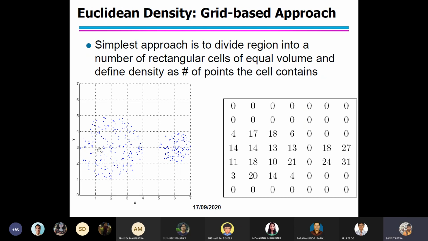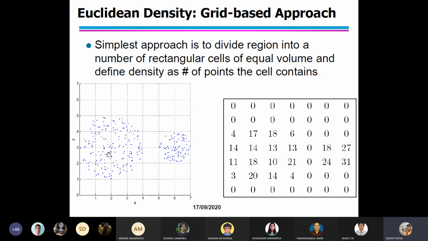So let's say I want to find the density in this region. We start counting how many points. As I said a few minutes before, a point here basically indicates an object. So how many points are there in this rectangle or cube, or square? That gives you the number of points, and we consider this a unit.